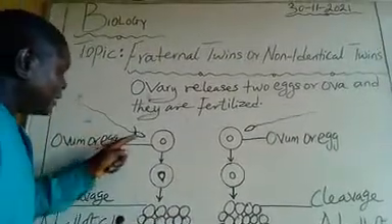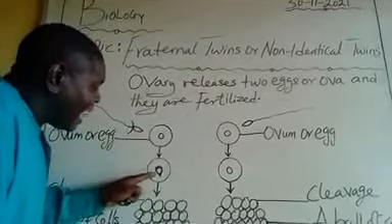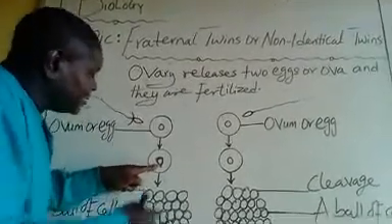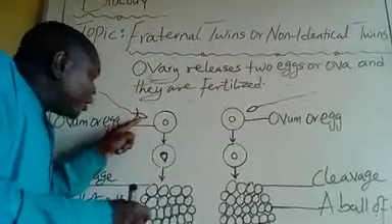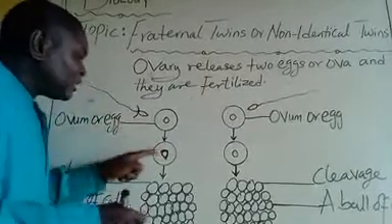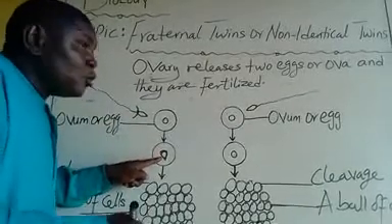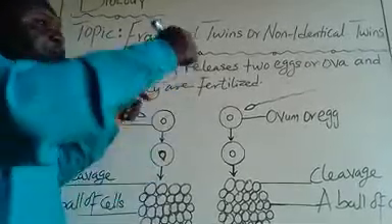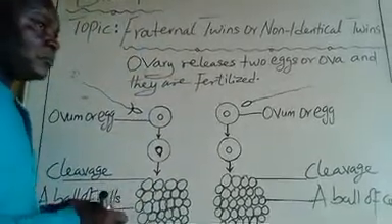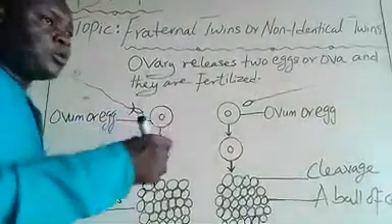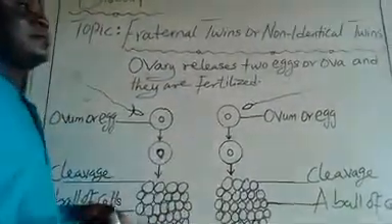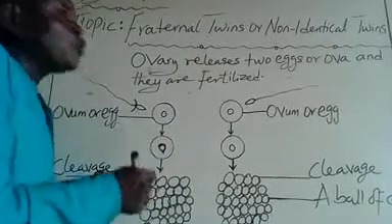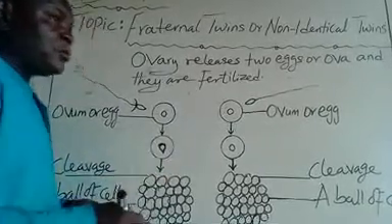All right? Now the head of the sperm has fertilized the ovum. The nucleus of the sperm and the nucleus of the ovum will fuse together. Will do what? Fuse together. That is what we call fertilization.